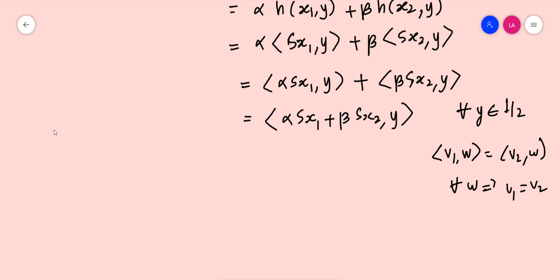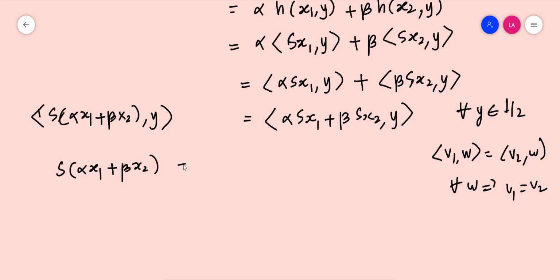Now we have proved that inner product S of alpha x1 plus beta x2, y should be equal to inner product alpha Sx1 plus beta Sx2 comma y. So using this lemma, we can say that S of alpha x1 plus beta x2 should be equal to alpha Sx1 plus beta Sx2. So S is actually linear.